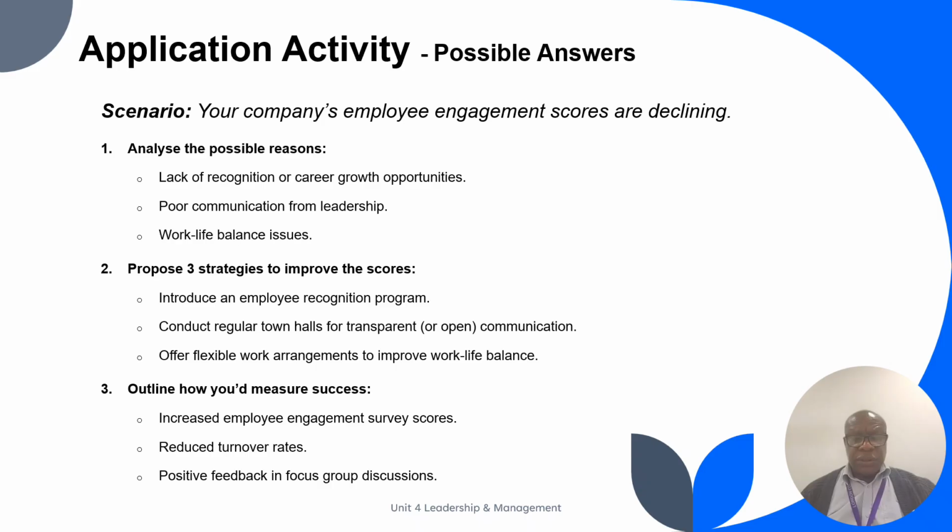Reduced turnover is also a clear example when you measure the turnover before and after, and then positive feedback in focus groups. You see how people gel, how team synergy changes, the culture changes for better. All of these are ways in which you can measure and avert problems and ultimately improve productivity. Is that clear, guys?